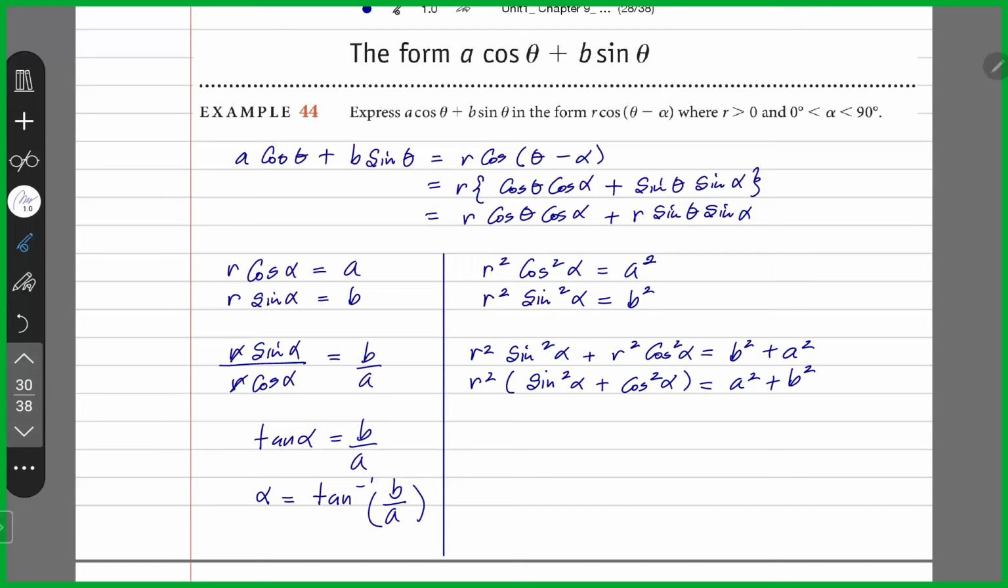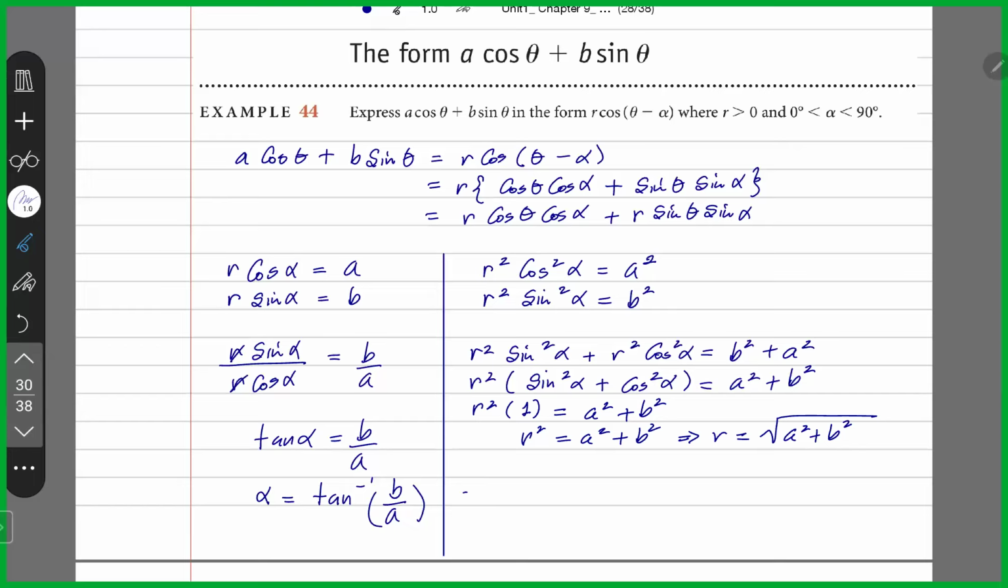Now, sine squared alpha plus cos squared alpha is equal to 1. So I'm going to get R squared times 1 is equal to A squared plus B squared. So R squared is equal to A squared plus B squared. And therefore, R would be equal to the square root of A squared plus B squared.